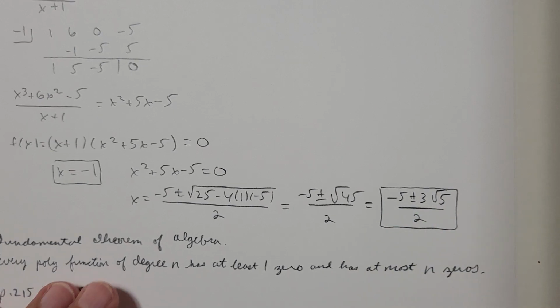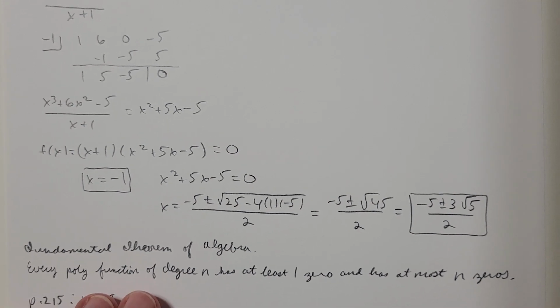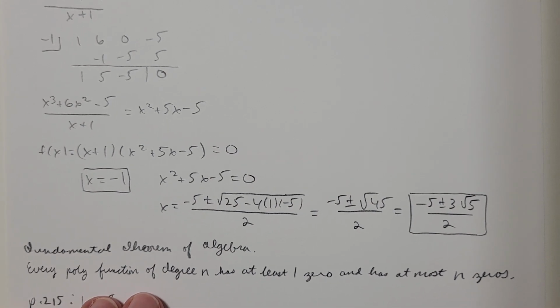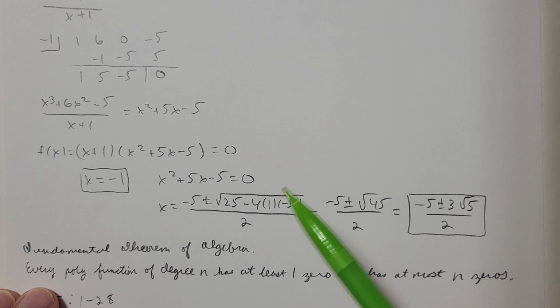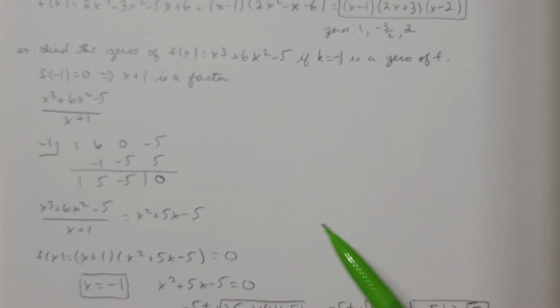Okay, so all in all, I have 3 zeros. They are -1, -5 plus 3 root 5 all over 2. That's another 0. And then the third 0 would be -5 minus 3 root 5 all over 2. Those 3 answers are the solutions.